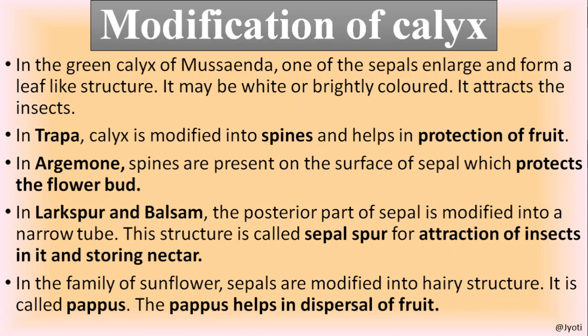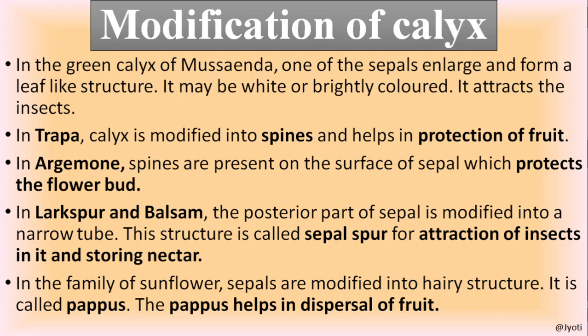Then we'll discuss some of the modifications of the calyx. The calyx is also modified for different functions. The normal function is to protect the bud, but besides that they also perform other functions like protection and attracting insects. In the case of Trapa, the calyx is modified into spines, so it provides protection to the fruit.